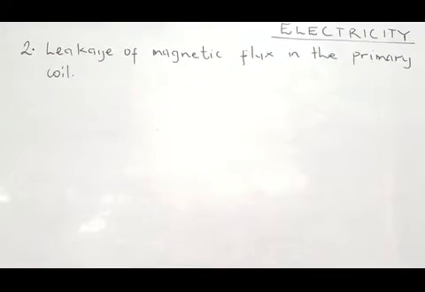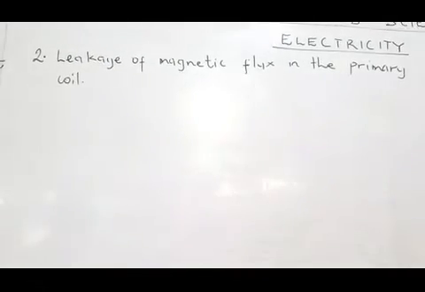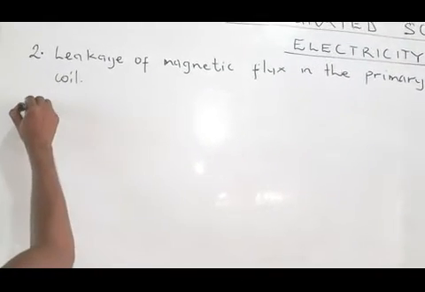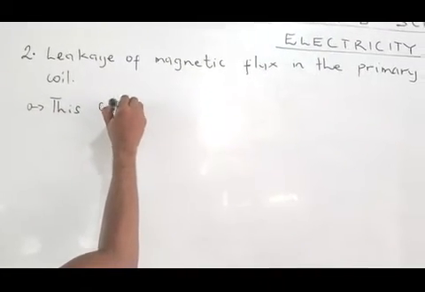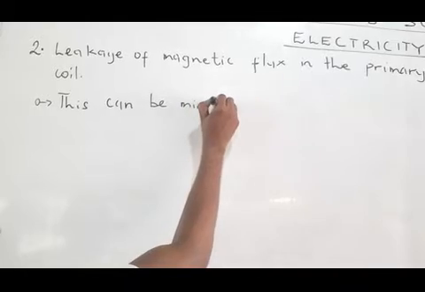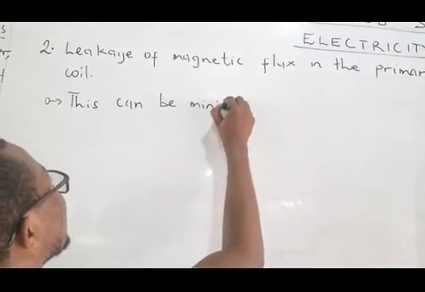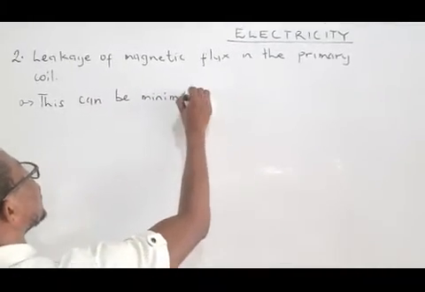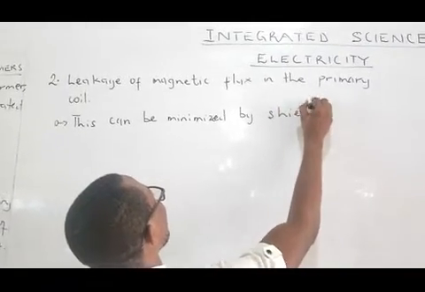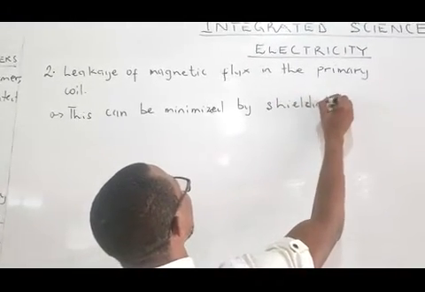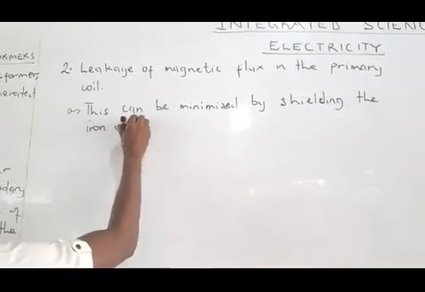How do you reduce the magnetic flux leakage? This is done by shielding the iron core. So this can be minimized by shielding the iron core.